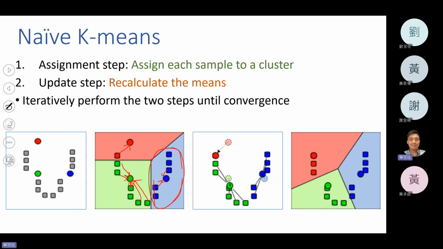Now for the second iteration, our red group has two data. That's the idea of k-means. You repeat this process until you are satisfied, or until the means do not change a lot.